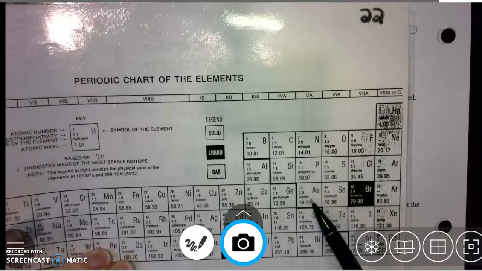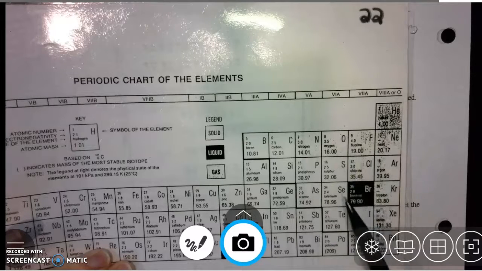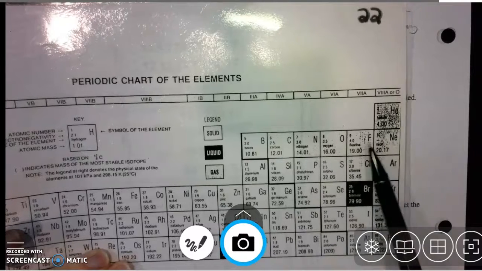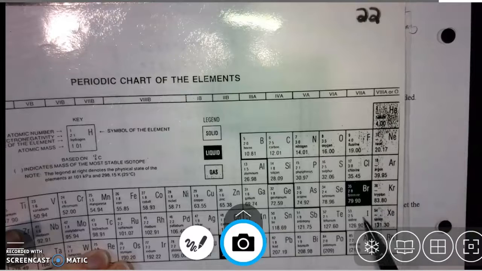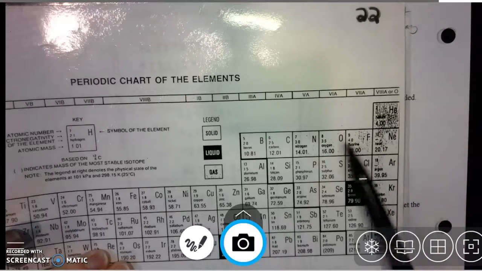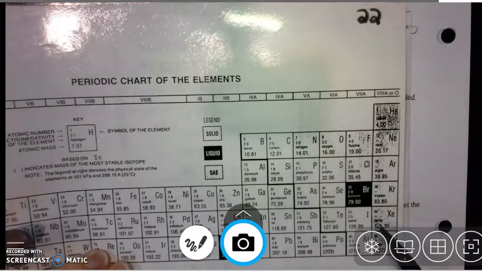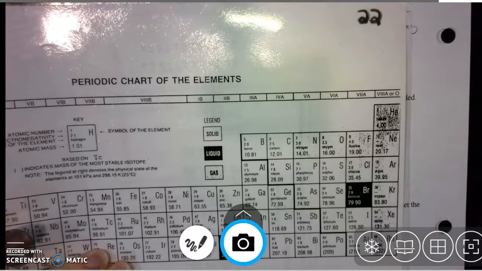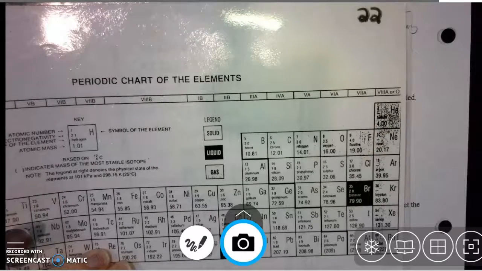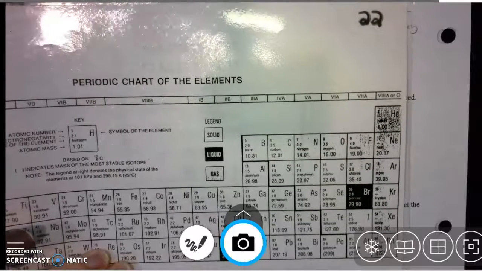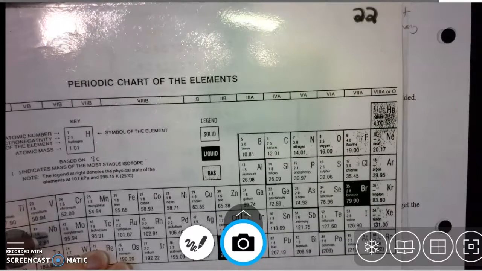Nitride, phosphide, arsenide, oxide, sulfide, selenide, telluride, fluoride, chloride, bromide, iodide. Again, I've never seen a compound with astatine, but that'd be astatide. So these all get that IDE ending. It's just where that ending gets chopped off varies a little bit, and I'll give you a little forgiveness if you don't drop it exactly where it should be.